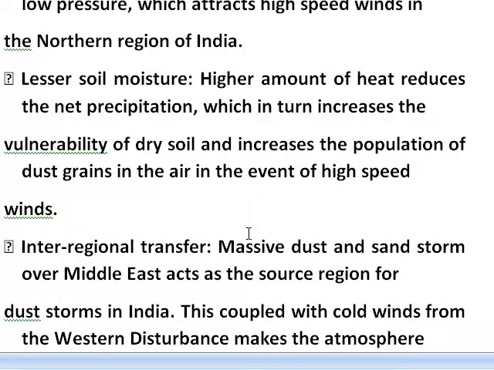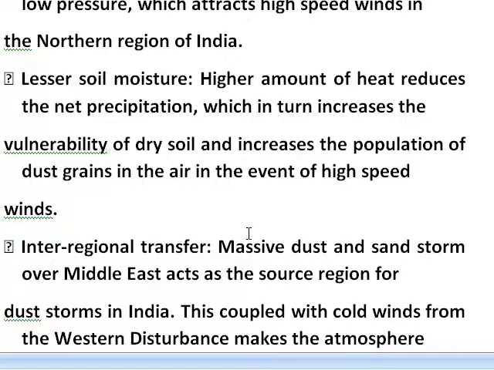Lesser soil moisture and a higher amount of heat reduce the need for precipitation, which in turn increases the vulnerability of dry soil and the population of dust grains.